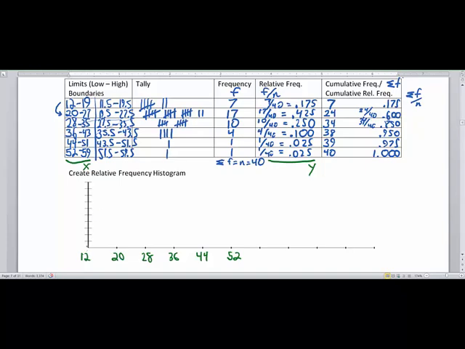Now, I know that there are probably some previous statistics instructors who may have said, just make it easy for yourself, just go from 0 to 100%. That's pretty misleading, especially because you'll notice that our highest relative frequency is 42.5%, or 425 thousandths.